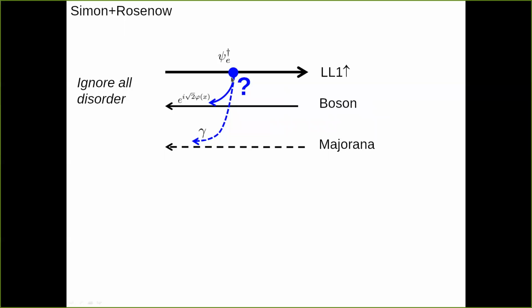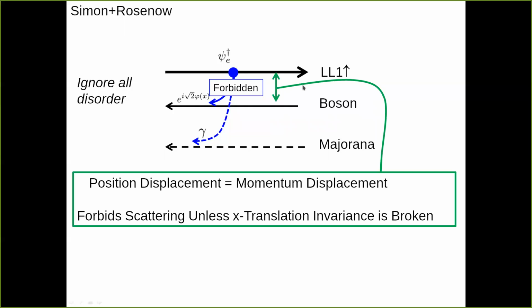So in order to scatter from this position to these positions, you need to break translational invariance in the x direction. This is forbidden by translational invariance along the edge. You cannot backscatter at all. So I need to break translational invariance to get this backscattering.